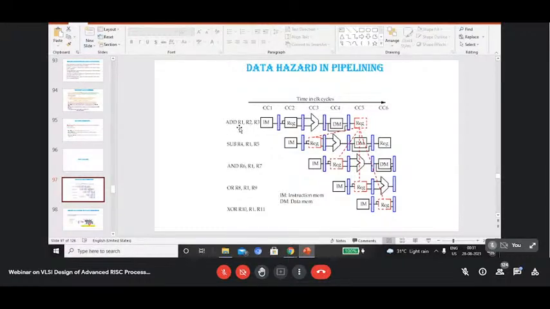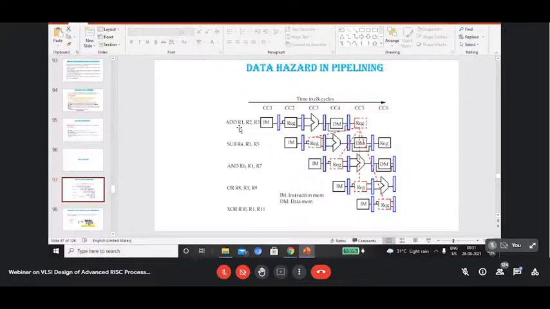Now, this will go at the last stage, that means at the end of the 5th clock cycle, R1 will be updated. But where will you be requiring R1? You will be requiring R1 at the fetch, decode, then operand fetch, and execution at the 4th. And R1 is not yet ready, and at that time you will be requiring R1. Okay?